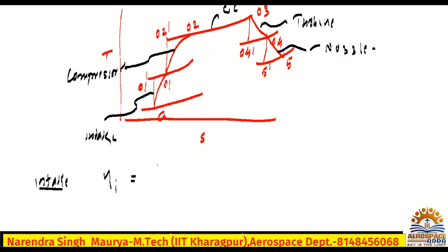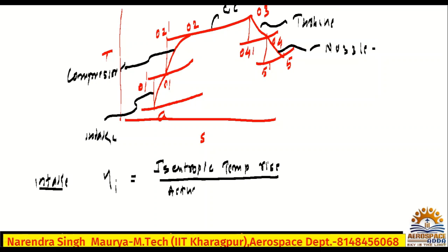So you have to write isentropic temperature rise divided by actual. You can write enthalpy also, isentropic enthalpy rise or isentropic temperature rise, meaning is same, actual temperature rise.